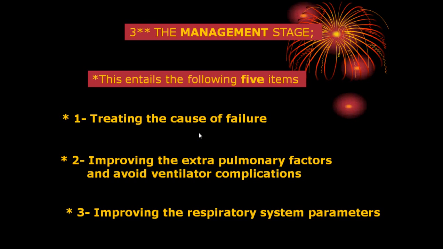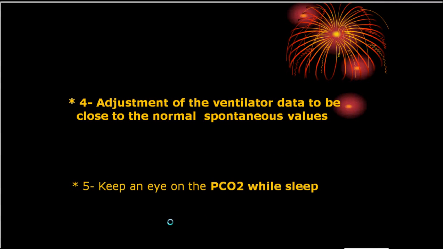You have to look for the neuromuscular problems or bronchopulmonary problems, as we are going to discuss later. Improve the extrapulmonary factors to avoid ventilator complications, and improve the respiratory system parameters like resistance, compliance, and the oxygenation alveolar gradient. Adjust the ventilator data to be close to normal. At this stage, I'm trying to adjust it to be close to the normal ABG data, to take the chance of liberating the patient from the ventilator.